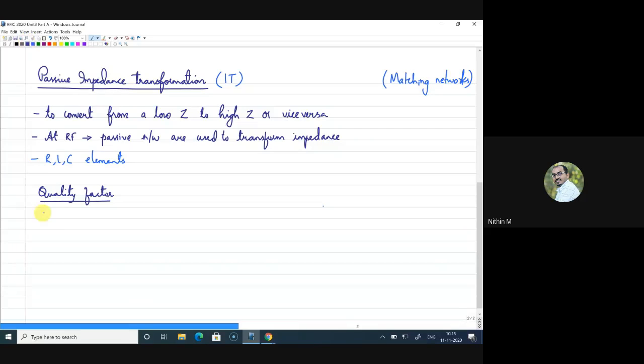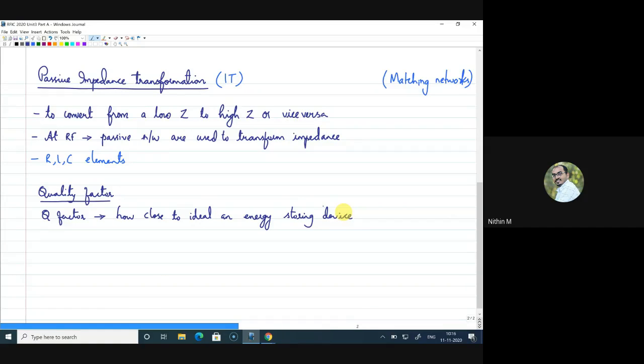So this quality factor or Q factor will give you a hint how close to ideal an energy storing device is. If you have an energy storing device, how close to the ideal is that energy storing device?